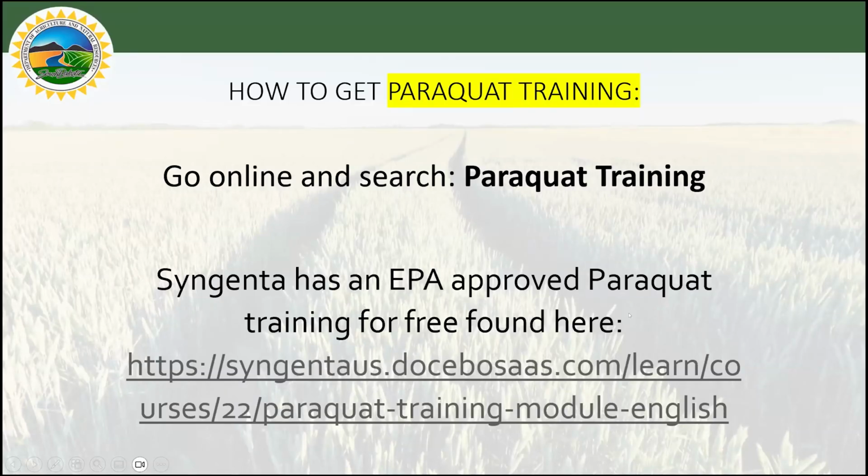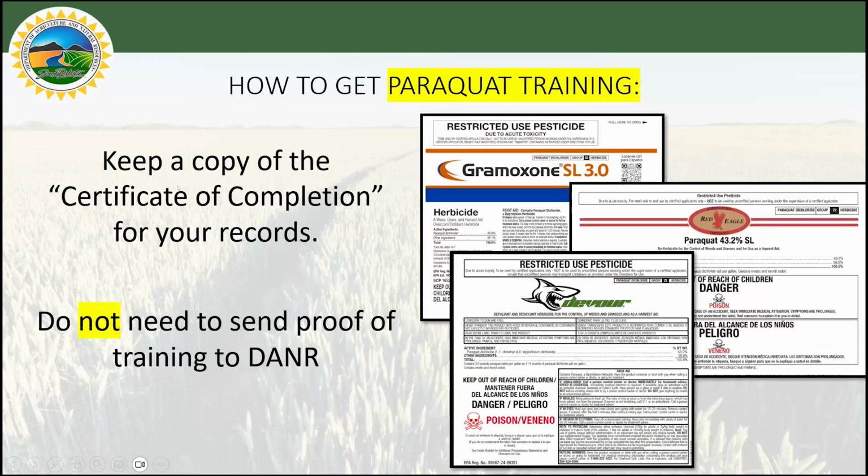Syngenta has an EPA-approved paraquat training for free that is found at the website on the screen. But if you Google it, it should be one that just pops up right away. Once you do this training, you keep a copy of the certificate of completion for your records. You do not need to send that into the Department of Ag. You just need it for proof for yourself.